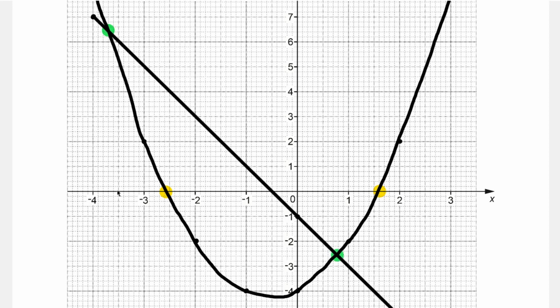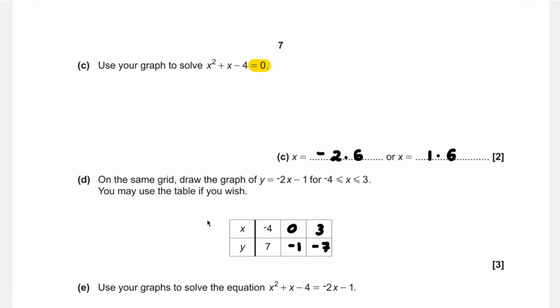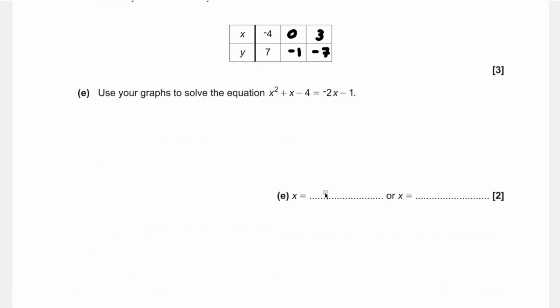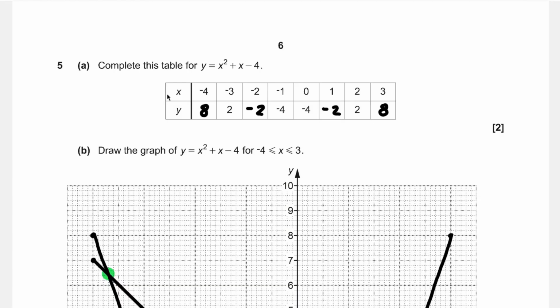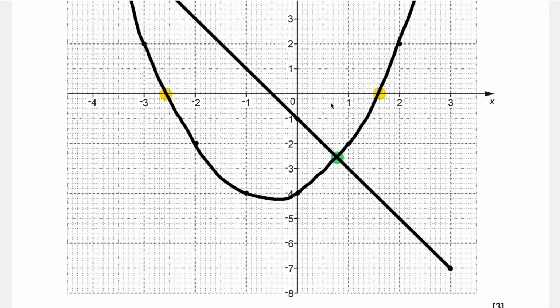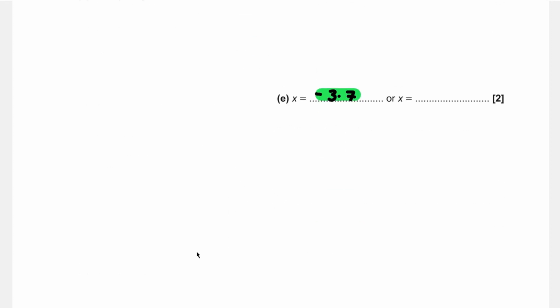We require the x values, so we've got -3.7 as one of our x values, and then the other x value is 0.8. So here are our solutions.